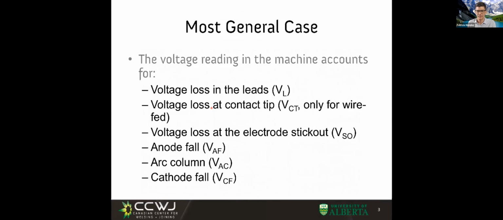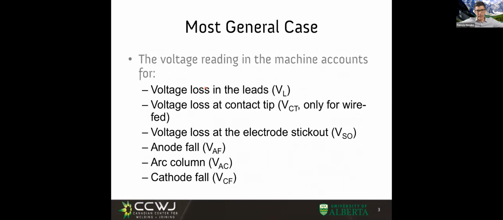So in this case, voltage. When you read the voltage in the panel of your welding machine, you have to account for that. That is reading not only the voltage of the anode and column and cathode fall, these three we discussed, but in addition, you have to worry about voltage loss in the leads.